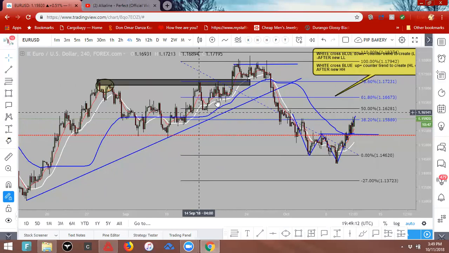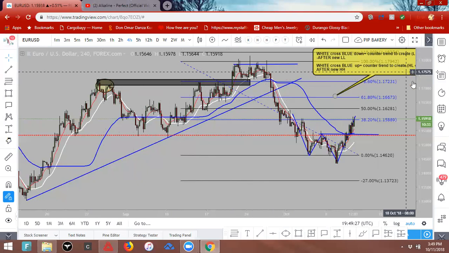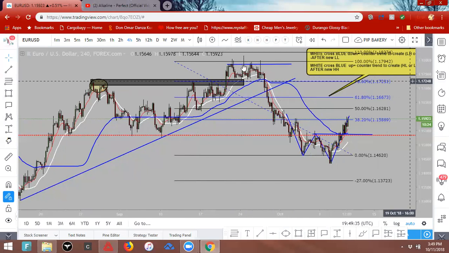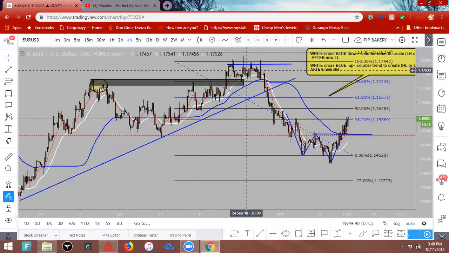Then you got white crossing blue up, counter trend to create a higher low or a low after a new higher high is made. So once my white crossed over, now I'm expecting price to break this previous higher high to make a new higher high. Now I got my new higher high. Now I'm looking for price to counter trend, creating that higher low or that low after the new higher high, which is right here.